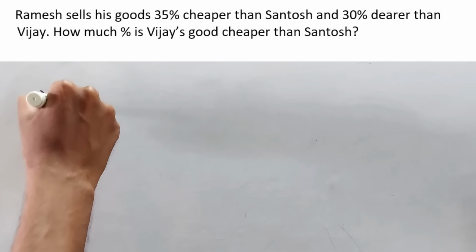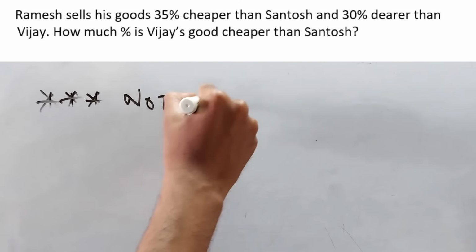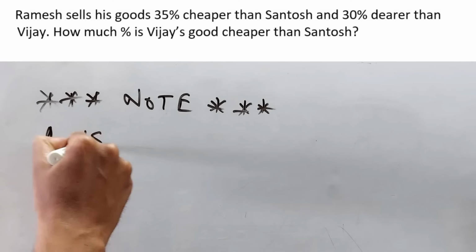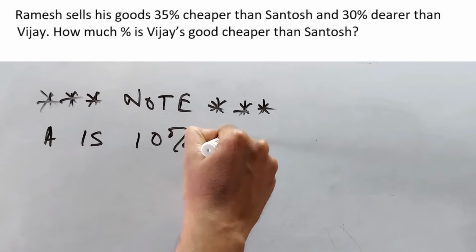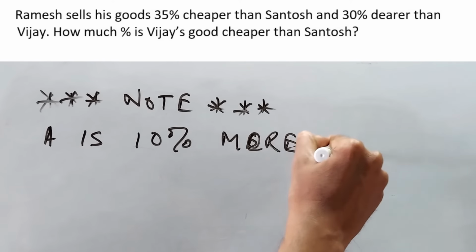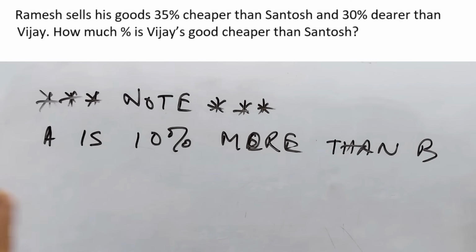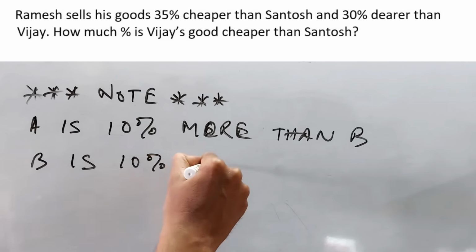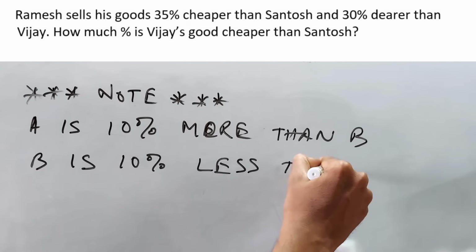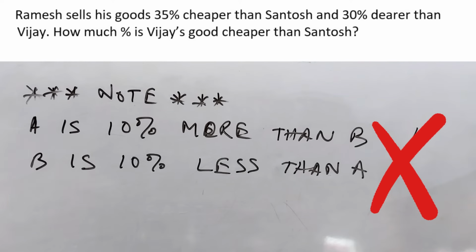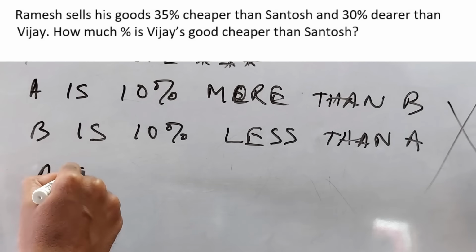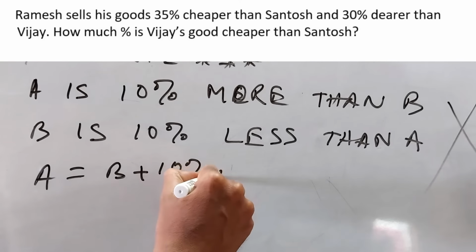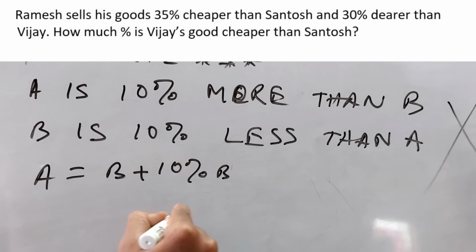Well, a very, very important and at the same time basic note, that is A is 10% more than B doesn't mean B is 10% less than A. Say A is equal to B plus 10% of B, right?